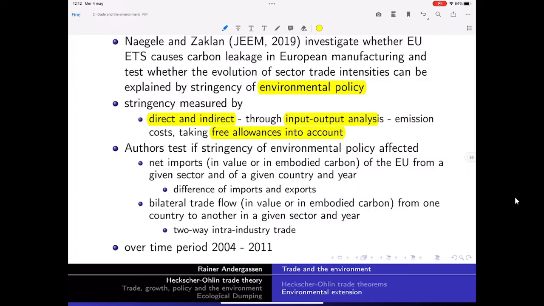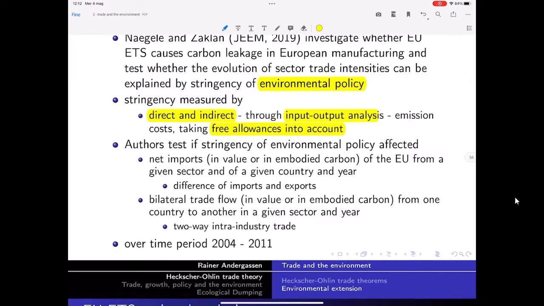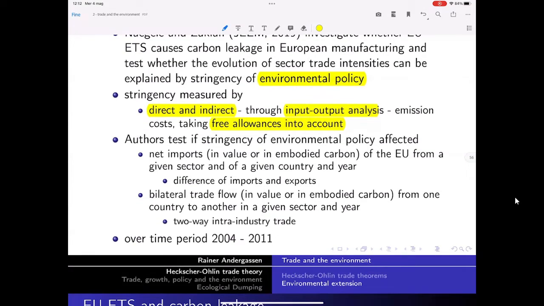So there would be an estimated loss in competitiveness, and that's why the emission intensive and trade exposed industries are granted free allowances still nowadays.